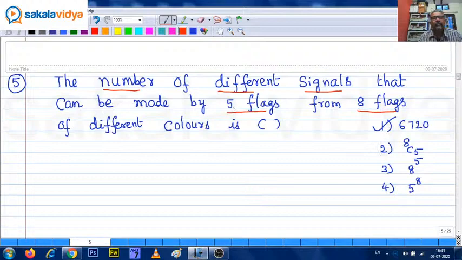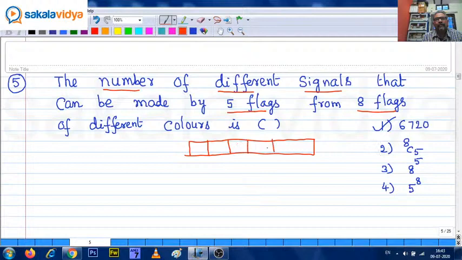Understood? So 5 different ways you need to arrange. For the first place 8 ways, then 7 ways, 6 ways, 5 ways, and 4 ways.